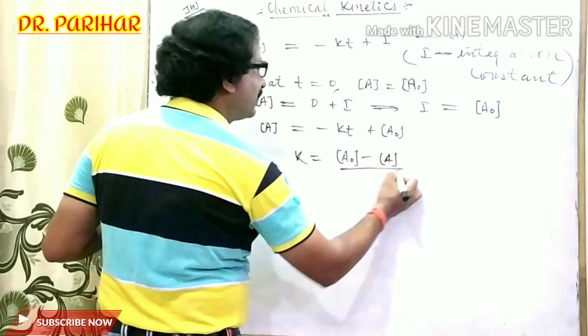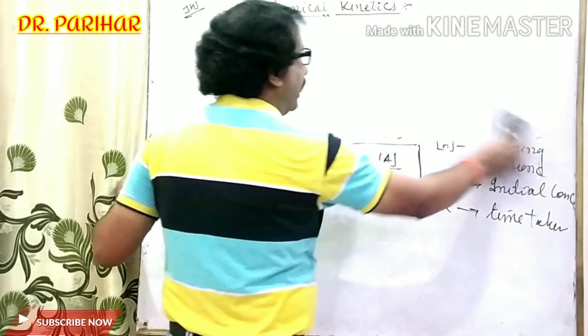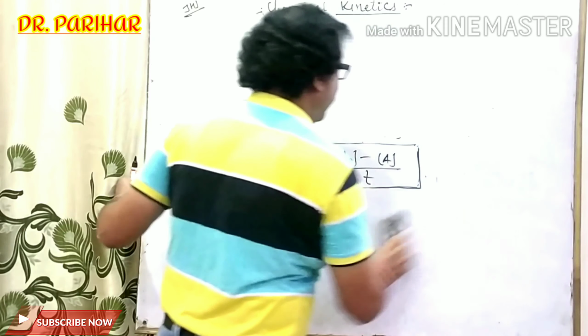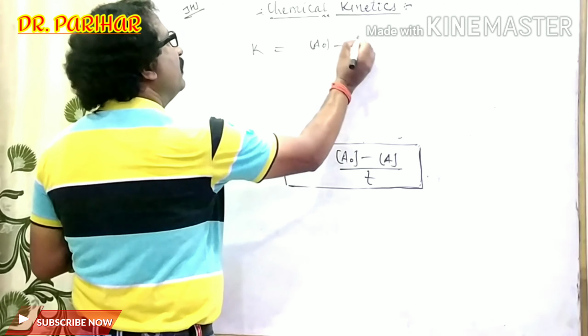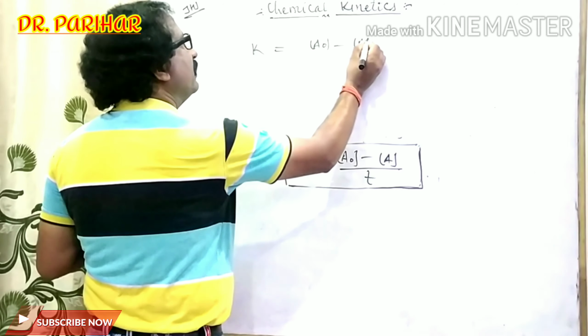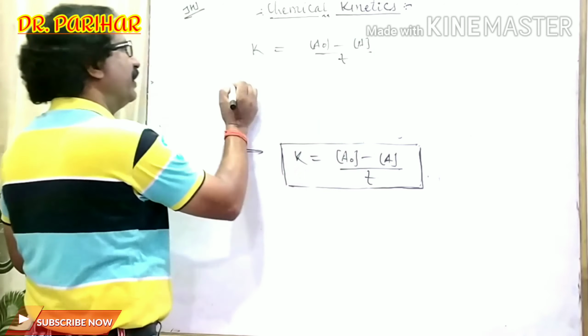Now we have to convert this in terms of half-life period. The main equation is K is equal to initial concentration minus remaining concentration upon T. Now, in terms of T half, meaning half-life period, I have to convert this kinetic equation.